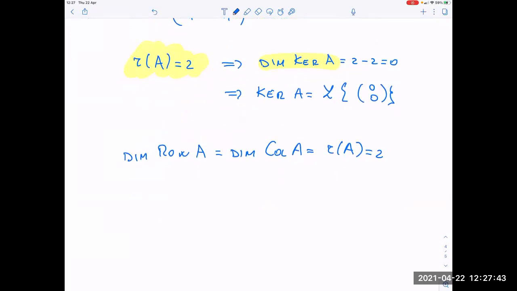Now let's play a game for a second. Row space is inside R1, 2. Okay, now let me ask you, what is the dimension of R1, 2? So the dimension of row matrices, 1 row and 2 columns. So let's see, what is the dimension of R1, 2?